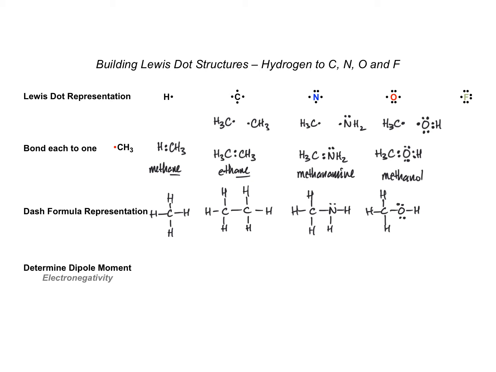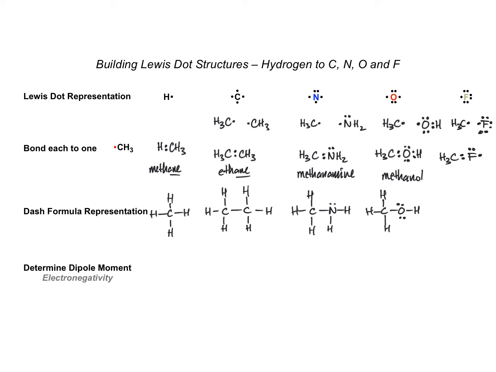Finally, our last example here, we're going to bond the H3C plus the halogen. So we're not putting any hydrogens on the halogen because there's only one open valency, so we're just bonding those two together.